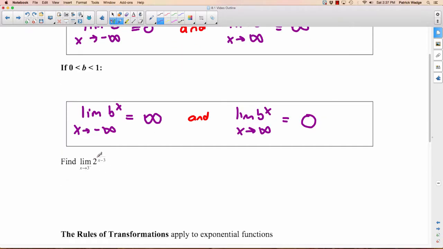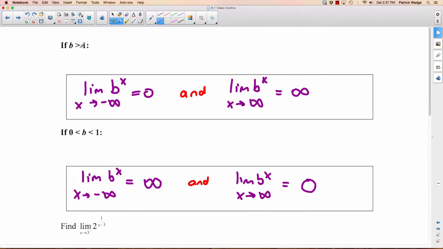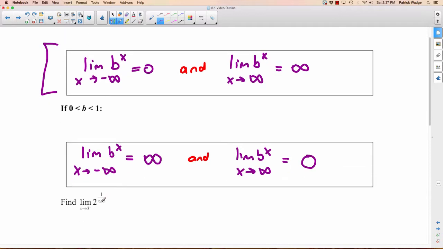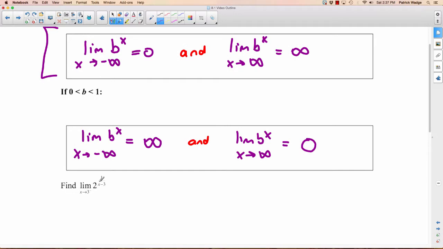First of all, you can see that we're going to find the limit when the base is 2. So immediately we know we're only concerning ourselves with this information here, because our base is 2. And what we want to know is, if the exponent is 1 over x minus 3, what does this approach as x approaches 3 from the left-hand side? Well, obviously we can't just plug 3 in here because you have 1 over 0.